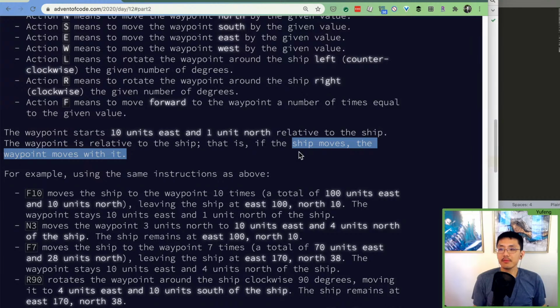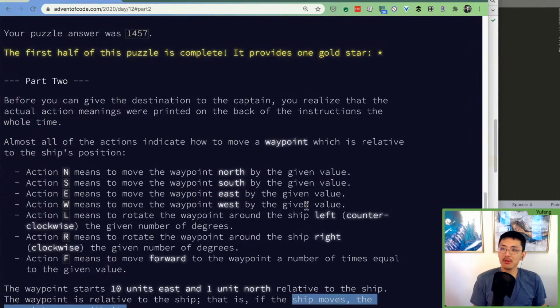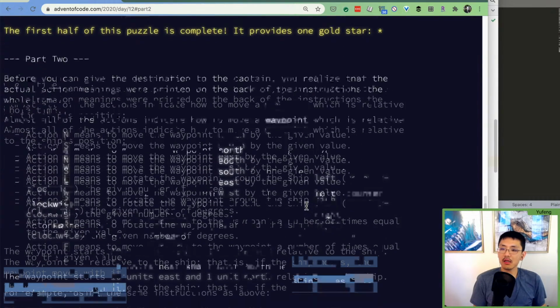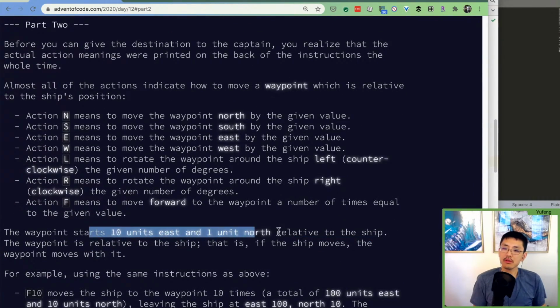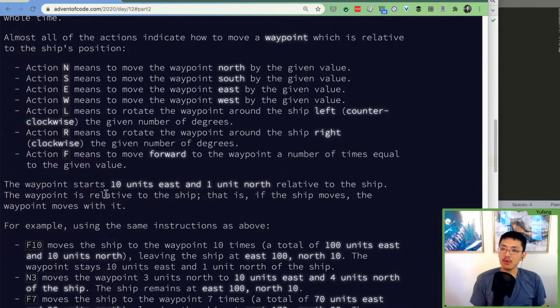Okay. F10 moves the ship to the waypoint 10 times. A total of 100 units east and 10 units north. But where is the waypoint at the beginning? Oh, whew. 10 units east and 1 unit north relative to the ship. So the ship, 10 units east and 1 unit north.